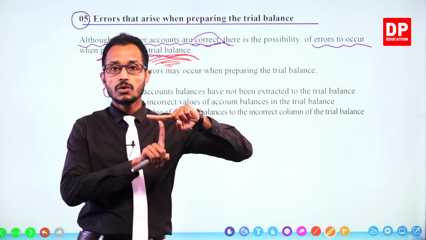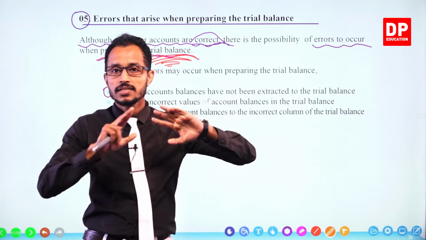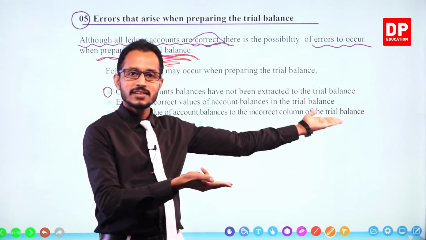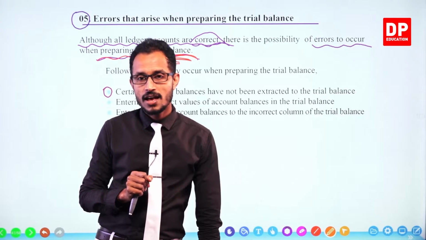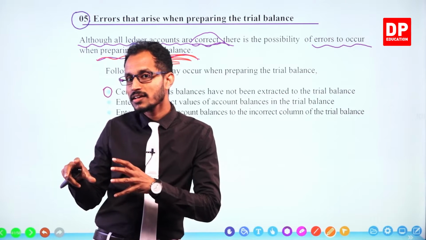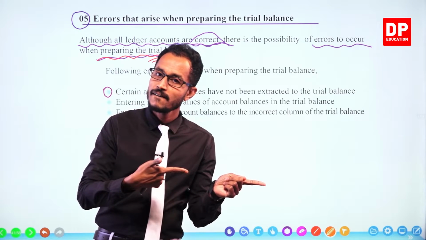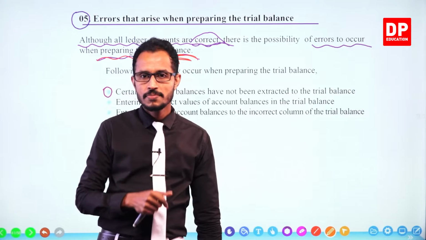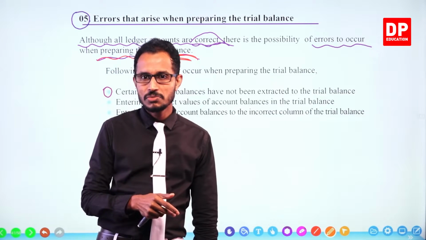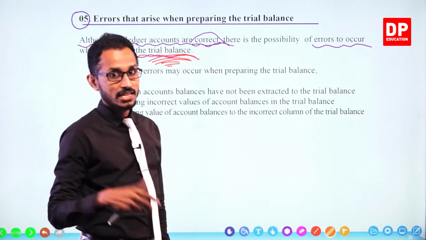Out of all these ledger accounts, all the balances must be taken to the trial balance. If the balance of one ledger account is not taken to the trial balance, it will be short. Got it? It will affect the trial balance.